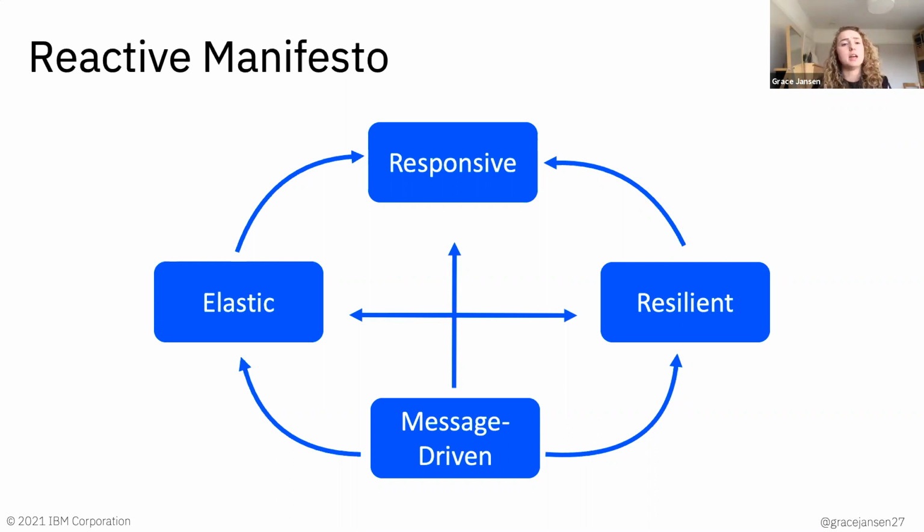But if you've got a slow day, perhaps it's not the time in which many people are trying to use your application and your load decreases, then you also want to be able to shrink back so that you can be as cost effective as possible. So this elasticity is really important. And by decoupling the microservices through that asynchronous communication, you can individually scale up or down separate resources within your application.